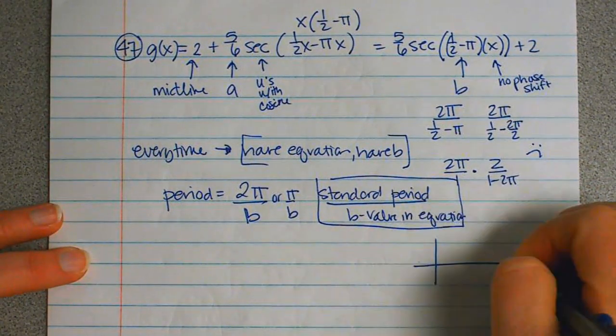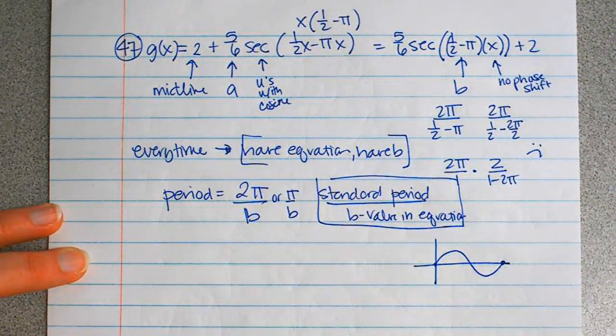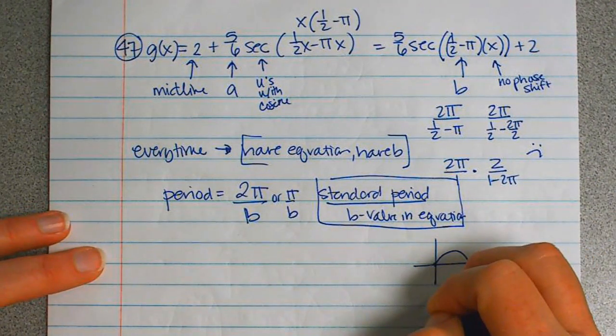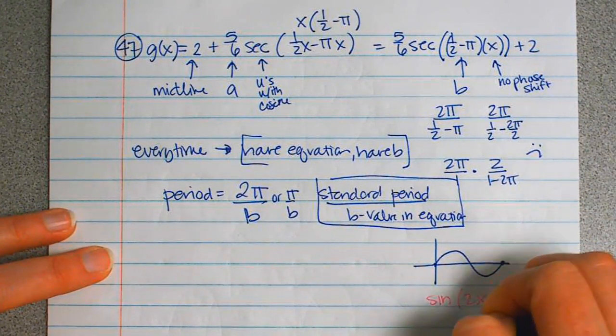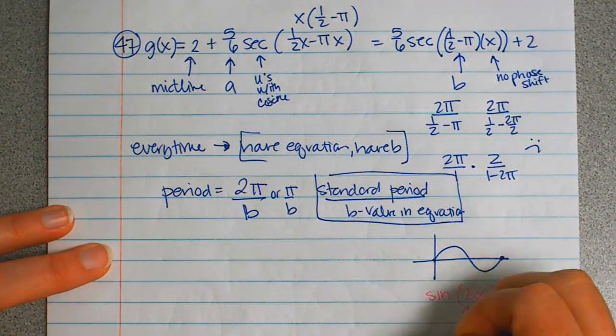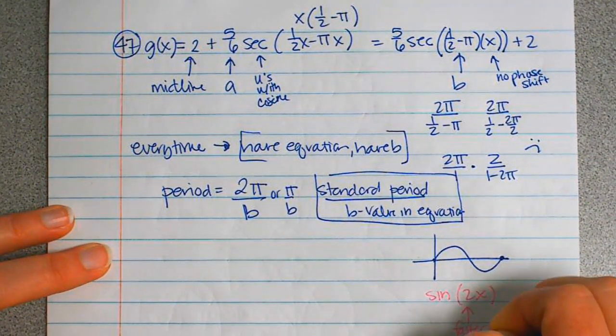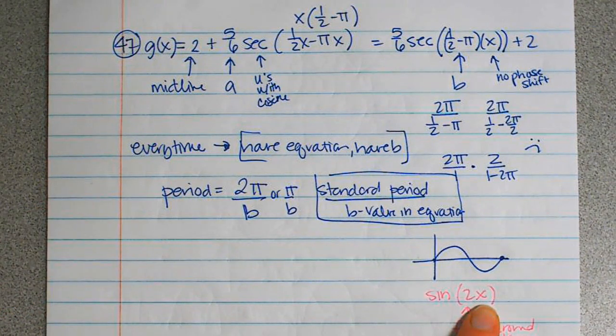So if you have standard period for sine, and you're told that you're going to do sine of 2 times x, this 2 says we're going to go faster around the unit circle. Does that make sense? Every x we put in, we're going to multiply it by 2, so we move around the unit circle faster.